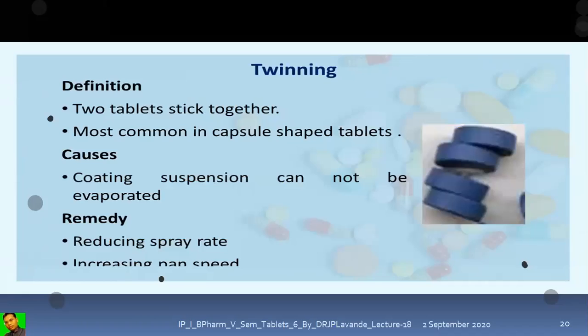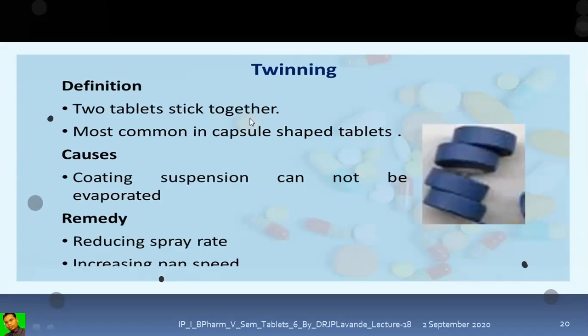The very first is the twinning. Twinning, the word came from the twin. Twin is what? Yes, you know very well, isn't it? In our local term, it is the Zule, correct? So there is a twinning. You can see the tablets, these are stuck with each other.